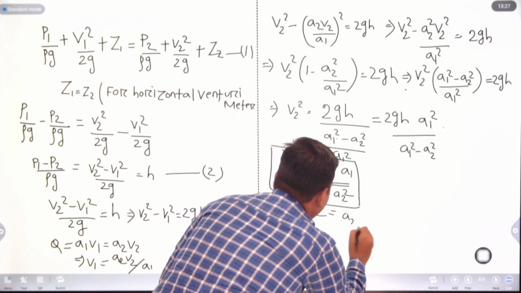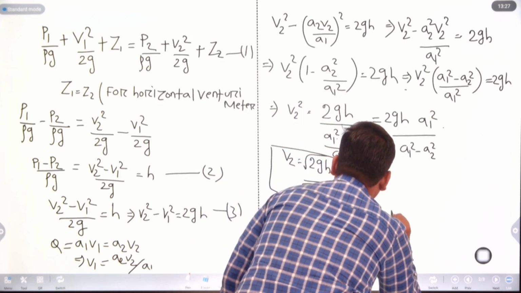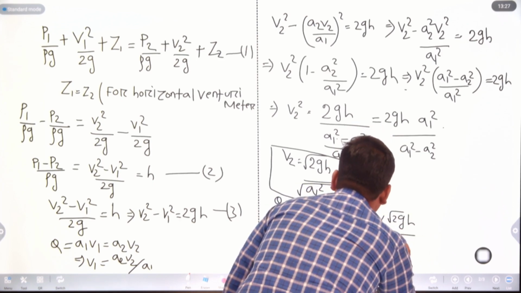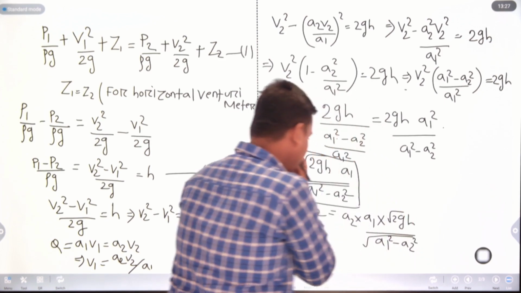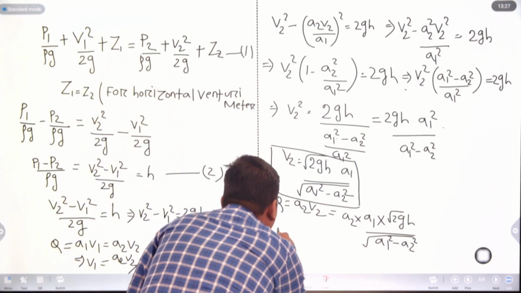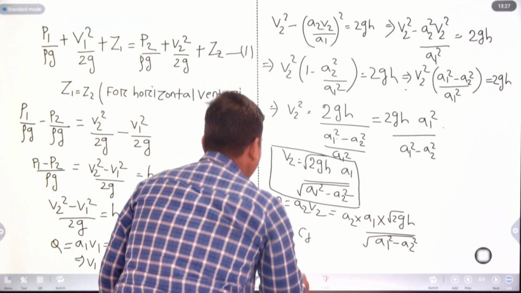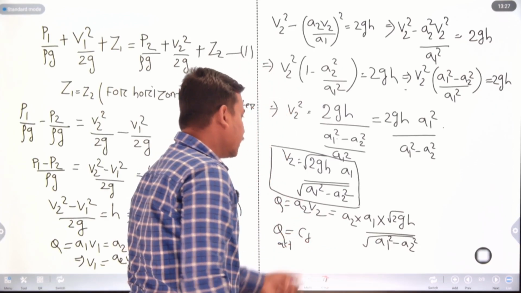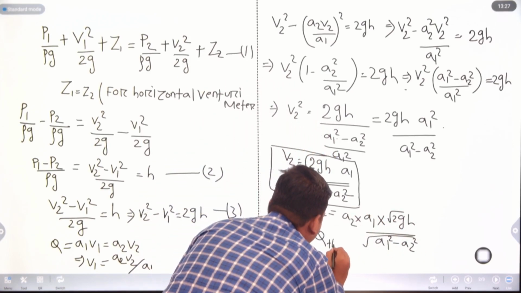A2 V2 is equal to A1 into root over 2gh divided by root over A1 square minus A2 square. This is the value of the discharge. Now Q actual is equal to CD, the discharge coefficient, times Q theoretical.